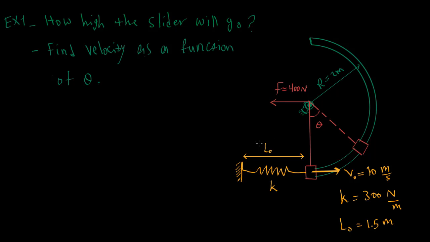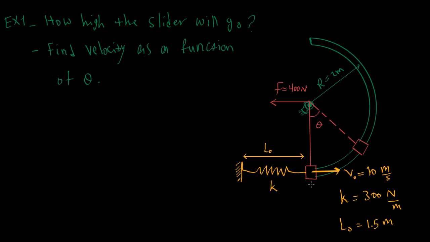Here is the first example that we want to solve. I paused the video to just draw this example so that we can save a little bit of time. We have a slider that is attached to a string, and we are pulling that string with 400 Newton force. That slider is connected to a spring, and it is sliding over a kind of half circle path.